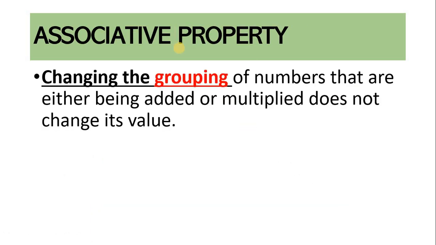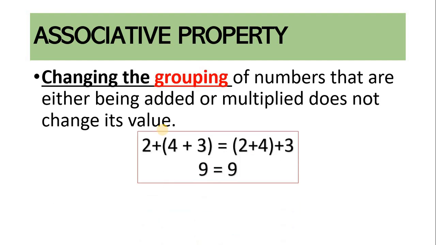In mathematics, when we say associative property, changing the grouping of numbers that are either being added or multiplied does not change its value. Sa commutative, ang nagbabago ay order. Sa associative, ang nagbabago ay grouping. And of course, hindi rin nagbabago yung value kapag multiplication or addition.